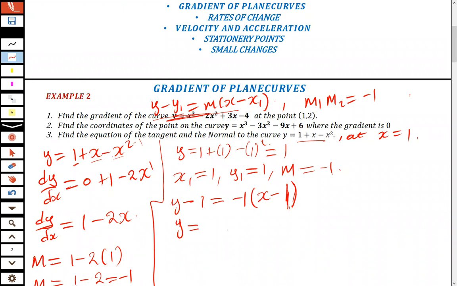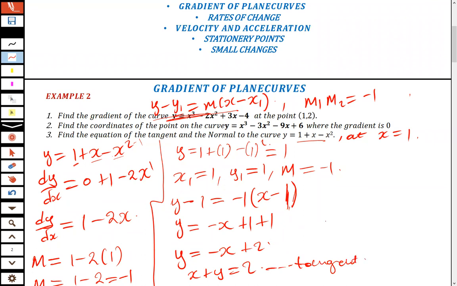So you have -1 times x, this will give us -x, then -1 times -1 will get +1. Then -1, when it crosses the equal sign, becomes +1. So the equation of the tangent is simply going to be equal to -x plus 2. If you want, you can just say x plus y is equal to 2. This is the equation of the tangent.